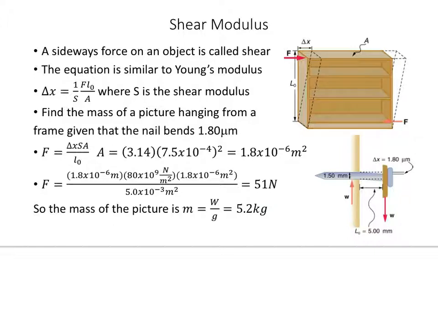Remember, we were asked to find the mass of the picture frame. So the mass is equal to, you remember this formula from back in the earlier modules, mass is equal to the weight divided by g. So we divide that 51 newtons by 9.8 meters per second squared, and we get 5.2 kilograms.